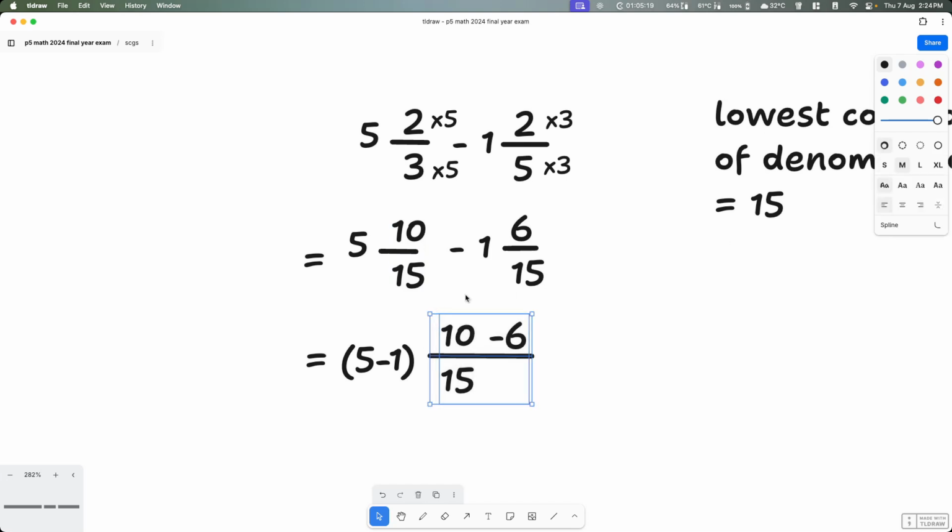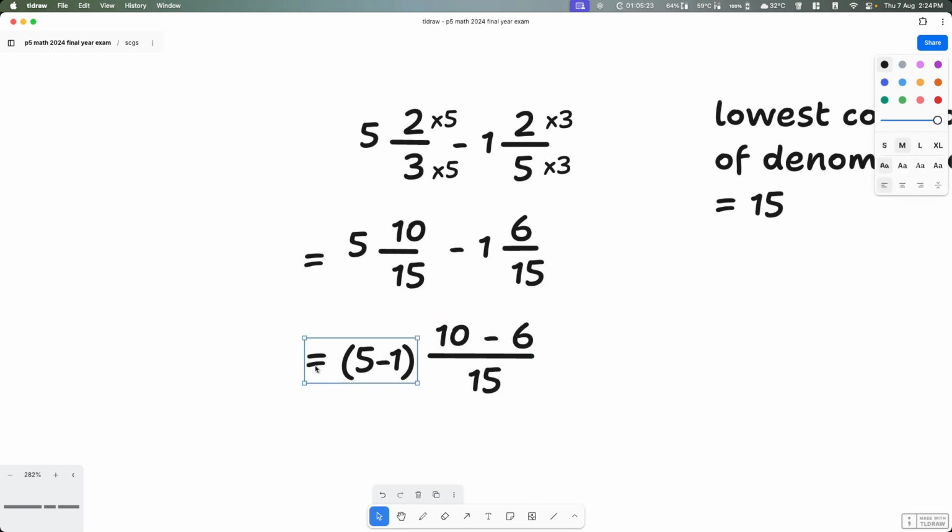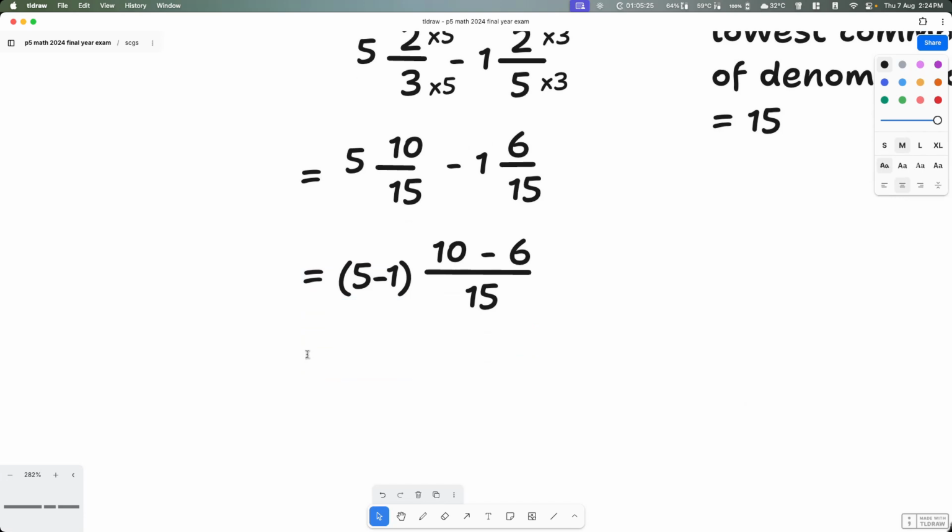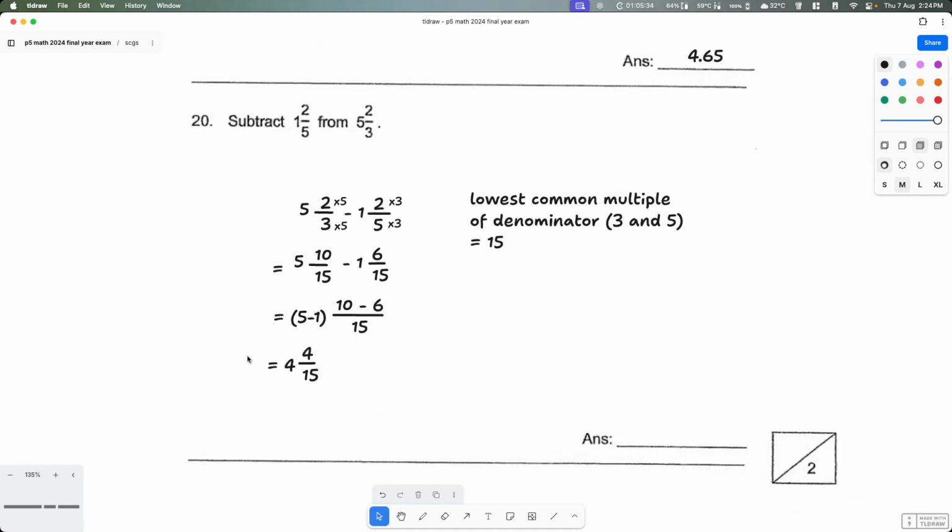So what would this become? 10 minus 6 will become 4 out of 15. That's it. So the answer to this is 4 out of 15.